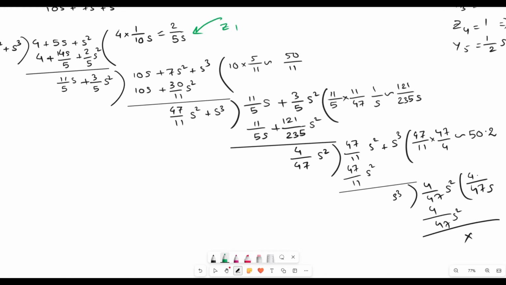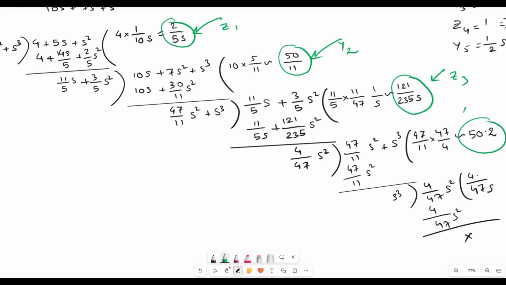So now let's label them. This is Z1, this is Y2, this is Z3, this is Y4, and this is Z5. So now let's see the corresponding elements.